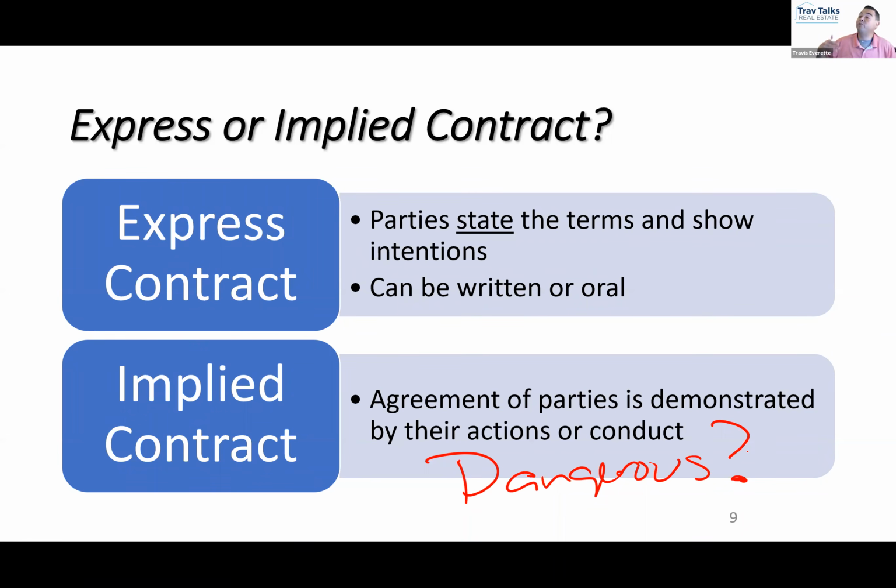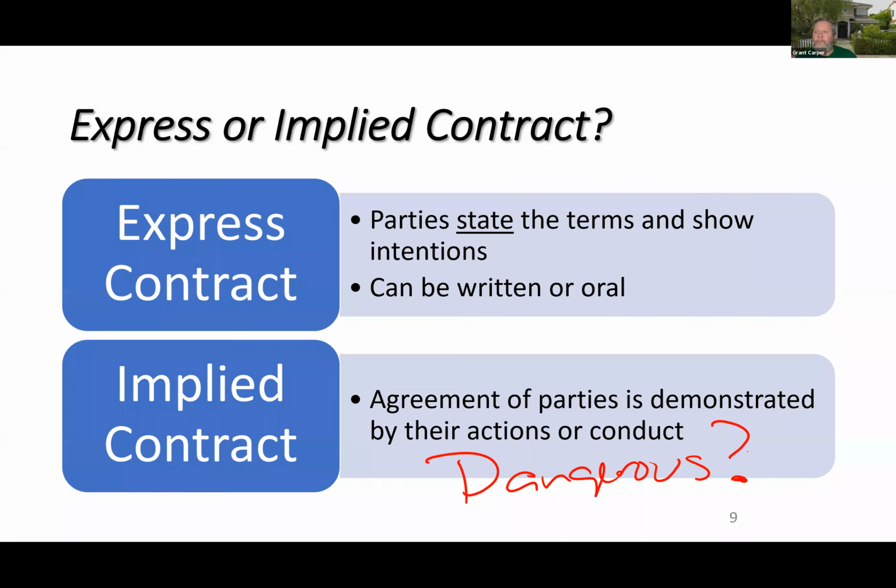And so let me give you an example of this, because you'll see this on the test. What do you think implied agency is? I think that you act like you're somebody's agent, even though they never hired you, right?